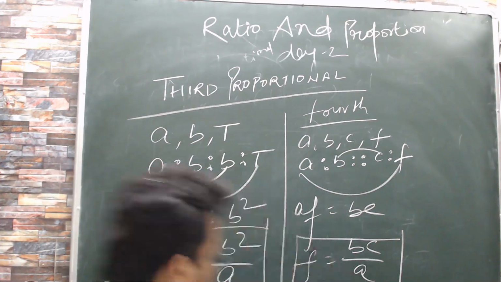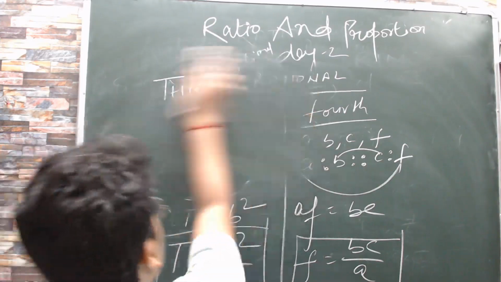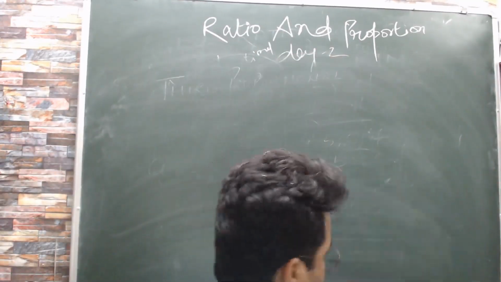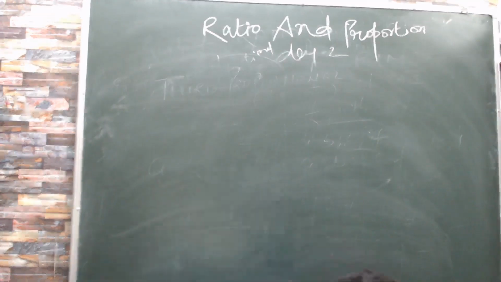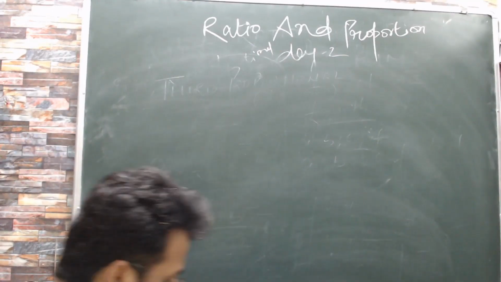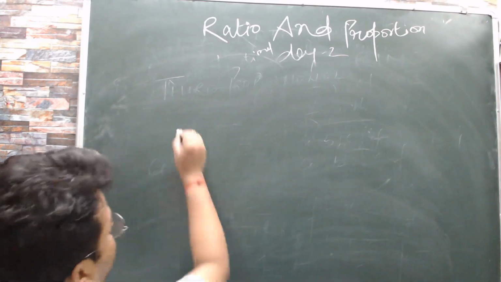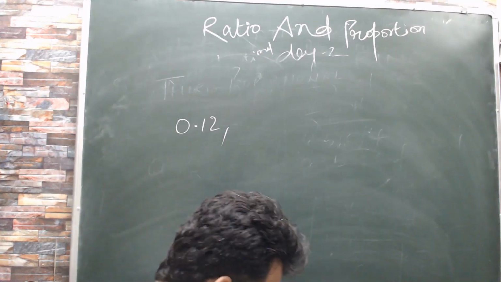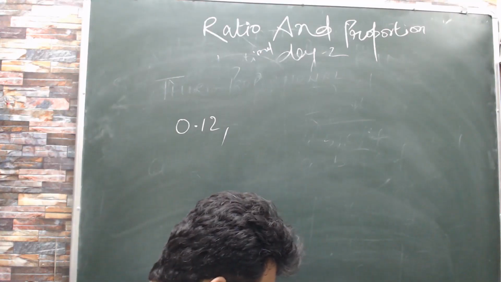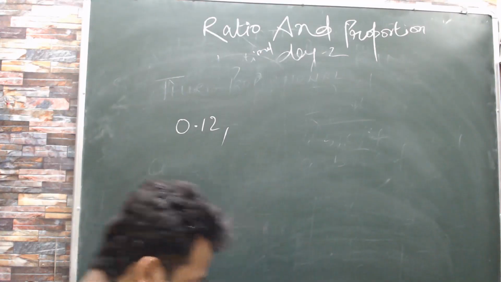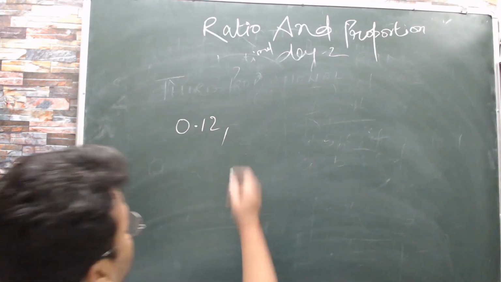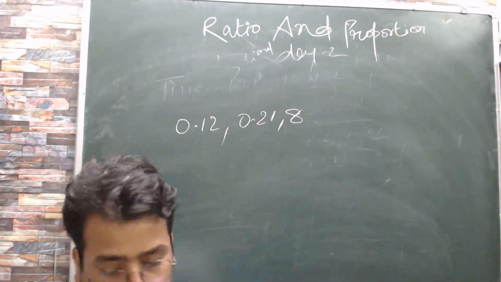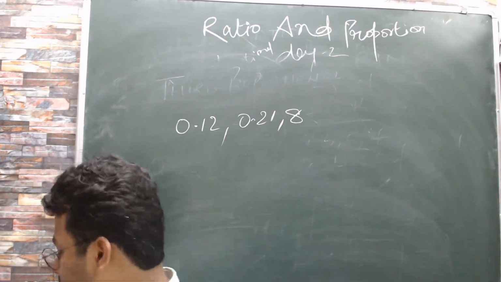After copying it, write the question. Find the fourth proportional to 0.12, 0.21 and 8. Find the fourth proportional to these numbers, right? Do it.